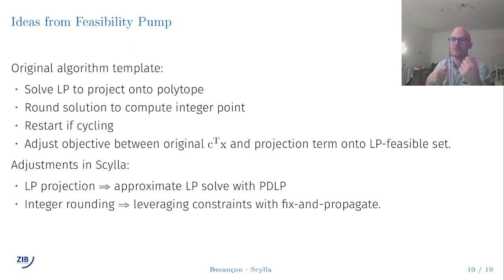So basically you alternate between these two steps. The rounding step is like a non-convex projection, so this alternate projection is not guaranteed to work. It can cycle, for example. If it cycles, then you restart from a different starting point and you hope not to cycle again.